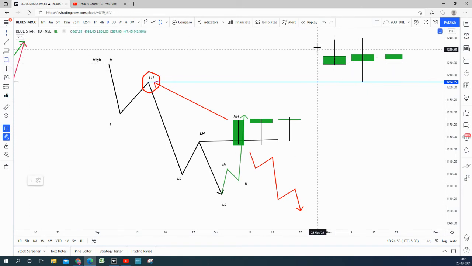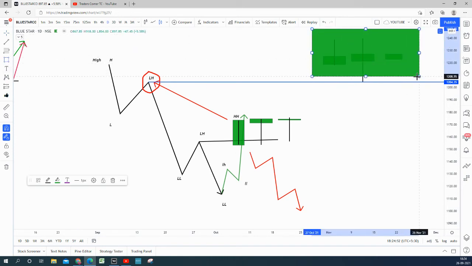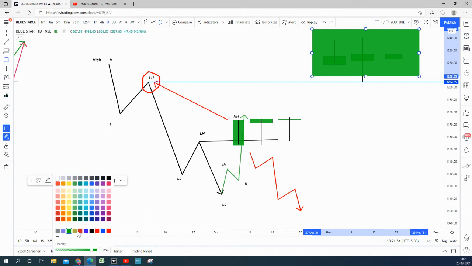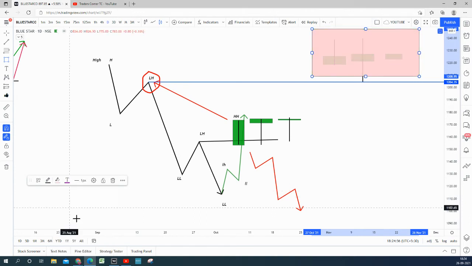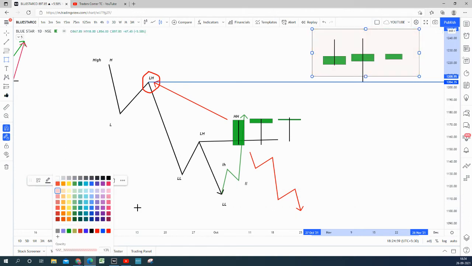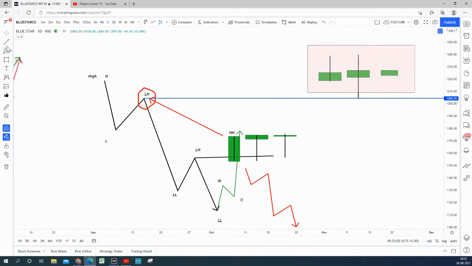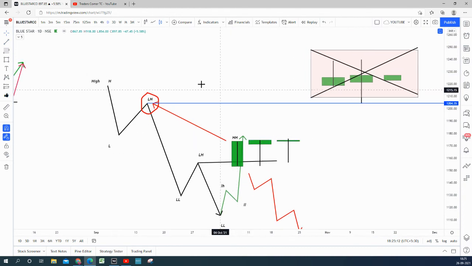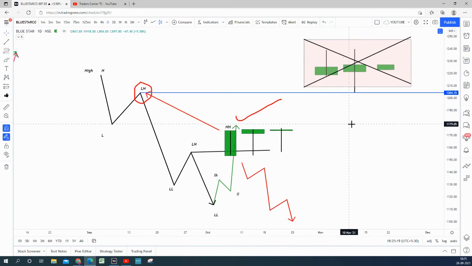These are all not acceptable. These types of candles should not form. You wait for this type of candle to form, a candle closing above this, and you just back test and see whether you get the profit or not.